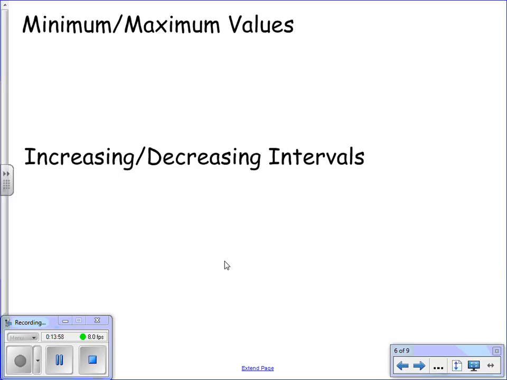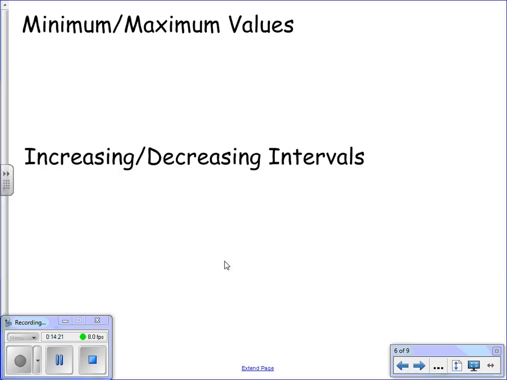A parabola can either have a minimum or a maximum. It can't have both. It depends on the orientation of the parabola. And what's the name for the special point that is the minimum or the maximum? It's always the vertex.